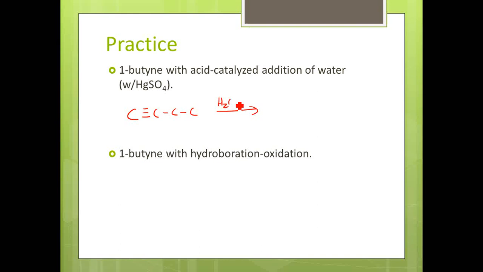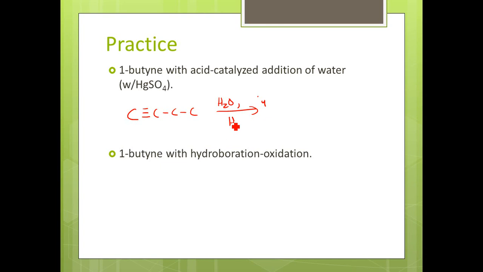Alright, we want to take 1-butyne and do acid catalyzation with water. So 1-butyne, I'm going to do just the carbons. And we're doing acid catalyzed addition of water with mercury sulfate. Anytime we see the mercury sulfate, we want to make sure it's necessary.